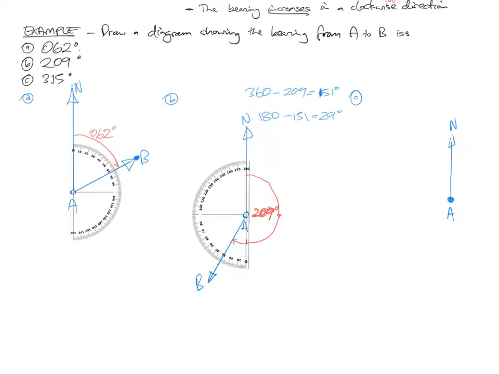Well, 360 is all the way around, so 360 minus 315 is 45 degrees. So that's telling me I'll need to go 45 degrees in the anti-clockwise direction.